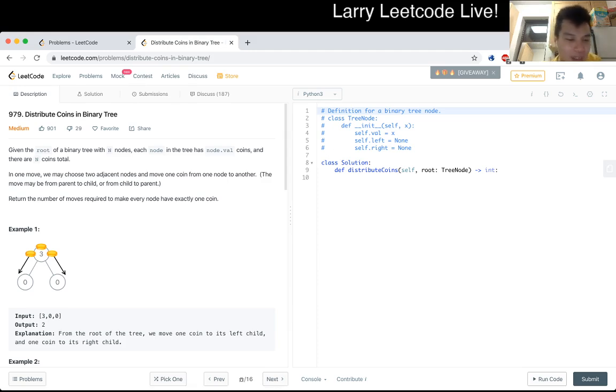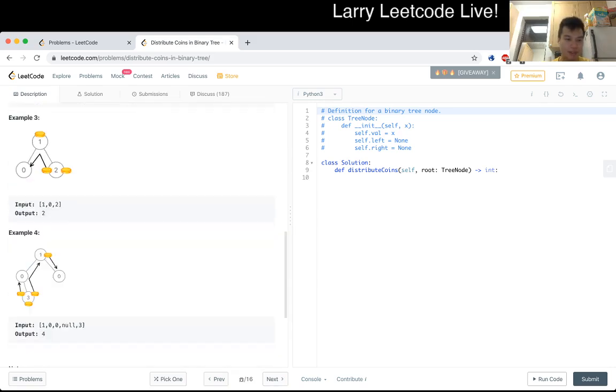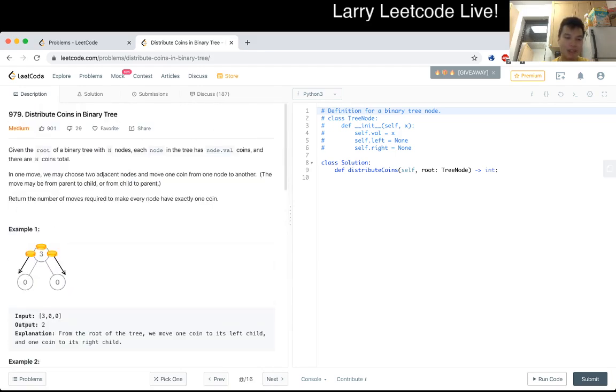Okay. I think my thought process here is, let me look at the problem. I think my thought process is you never want to have more than one coin at any node, right?